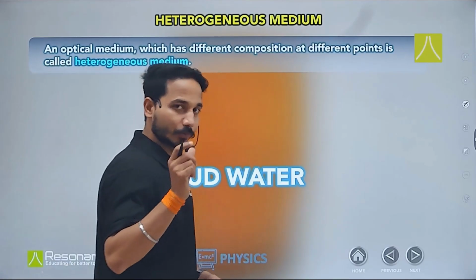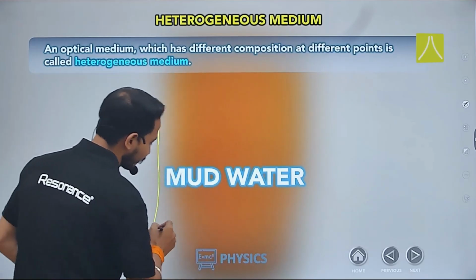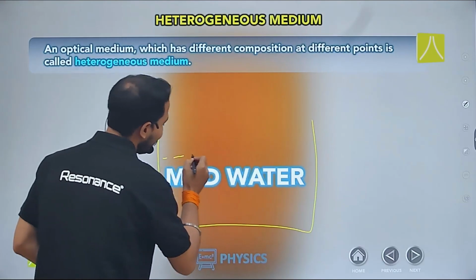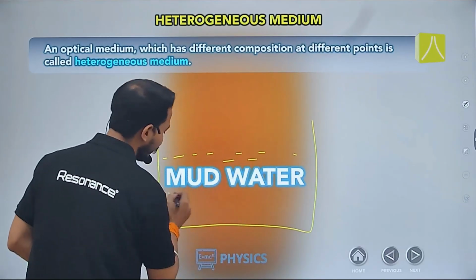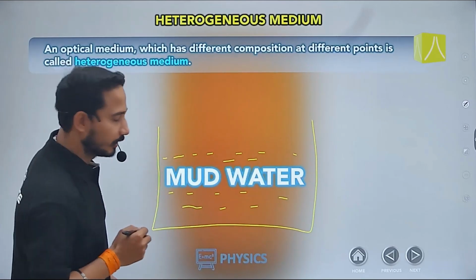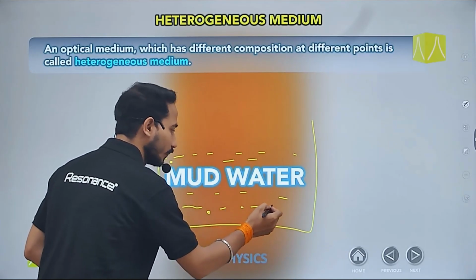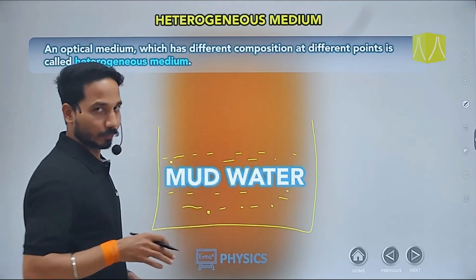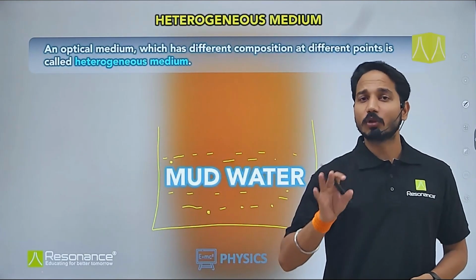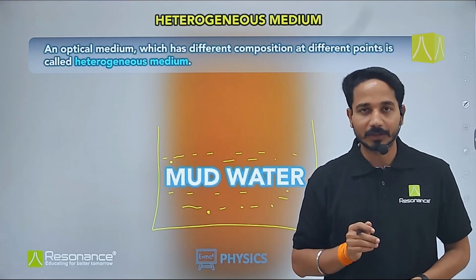Earlier we took a glass of clean water, right? Now suppose we take a glass filled with clean water and add some mud to it. It will become muddy water, right? Now when we observe the composition, it won't be the same at every point. When we add soil to the glass of water, we can observe that at every point the composition of soil is not the same. The densities of the constituent particles are not the same everywhere.